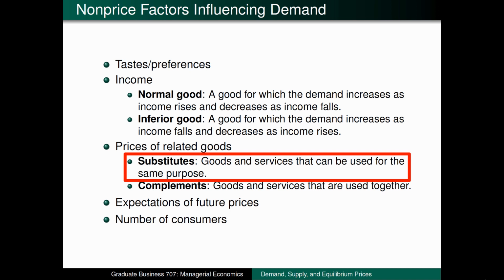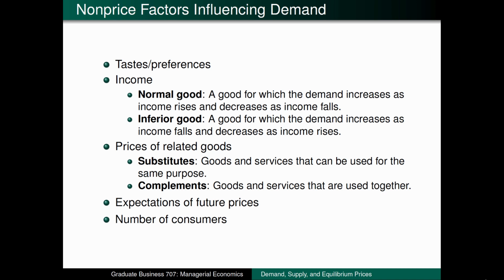If we consider the demand curve for Starbucks coffee, then the demand for Starbucks would increase if Dunkin' increased its prices. We learned earlier that a higher price leads to lower quantity demanded, so Dunkin's price hike would cause some customers to switch to Starbucks instead. However, if Dunkin' lowered its price, then they would steal some of Starbucks customers, so a lower price for a substitute would shift the demand curve for Starbucks to the left.